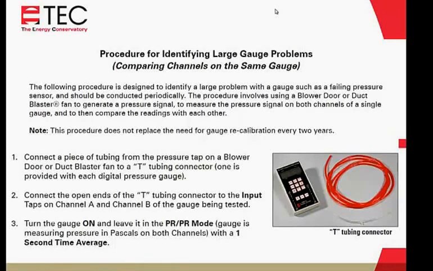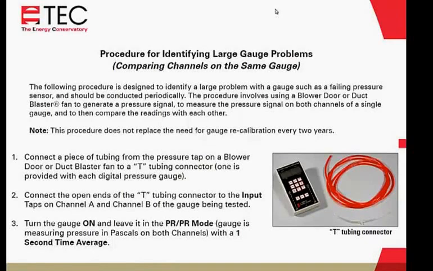But one of the procedures that you can do to give someone confidence that there's nothing wrong with their DG-700 is to have them jump into their DG-700 kit and pull out that T-tubing connector. And what we're going to have them do is make a connection by taking one pressure tap, input on A and input on B, and connect one open end of the hose to the T connector and the other end to their blower door or duct blaster fan.